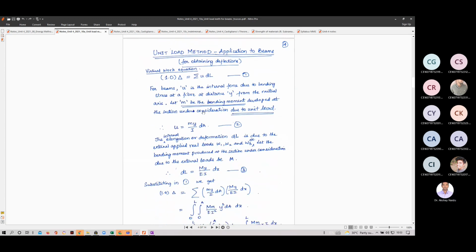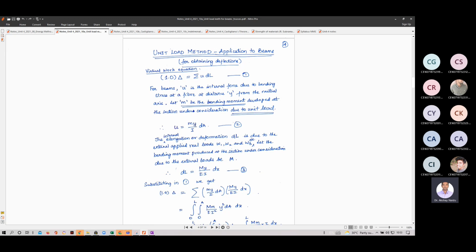Now, very important, this is applied in two ways: for trusses and for beams. First for beam. For a beam, the internal stress and internal force in the fiber due to the virtual bending moment due to unit load: small m is the bending moment developed at the section under consideration due to unit load.